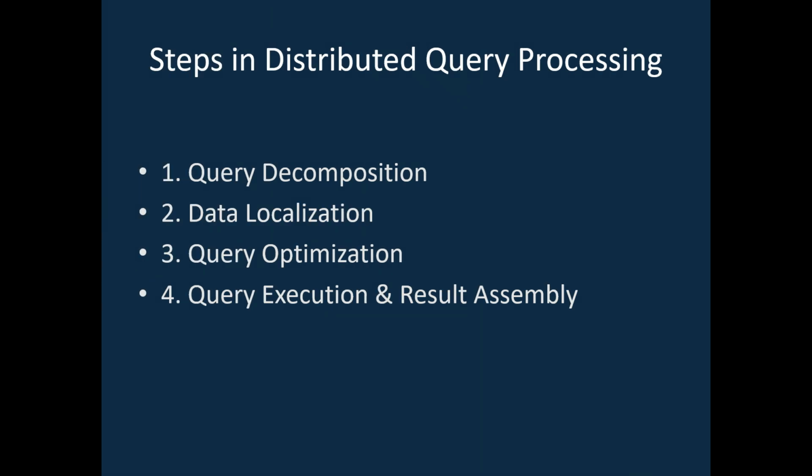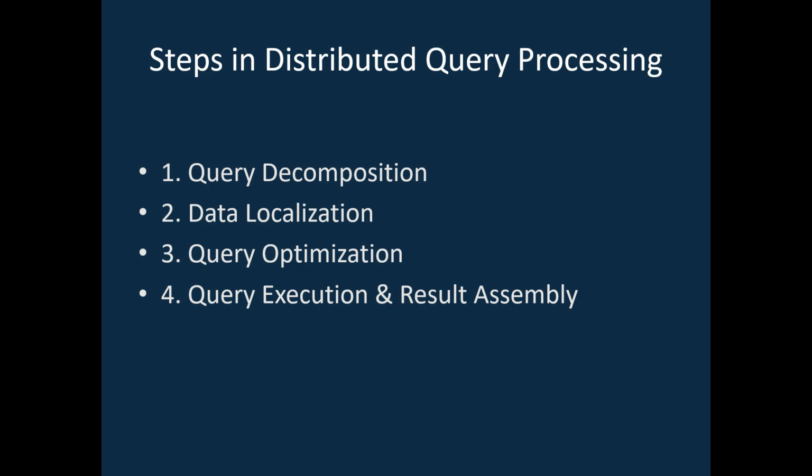Speaking of distributed query processing, when a query is executed in a distributed environment, the system must decide where the required data is located, how the operation should be split across sites, and how we can minimize the communication cost.